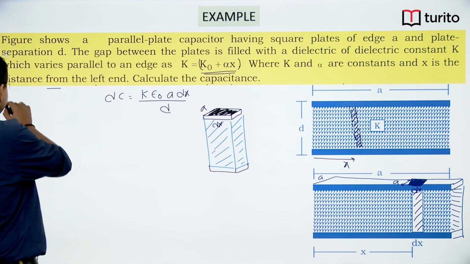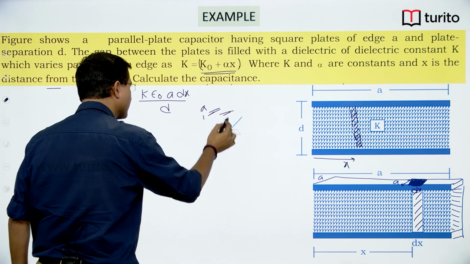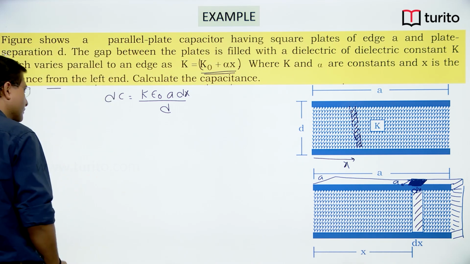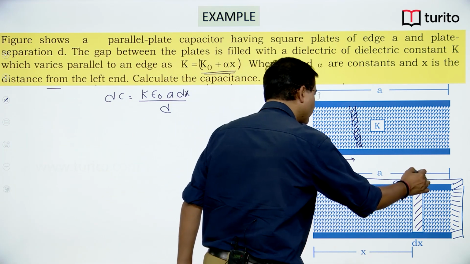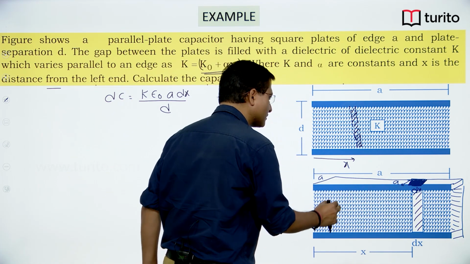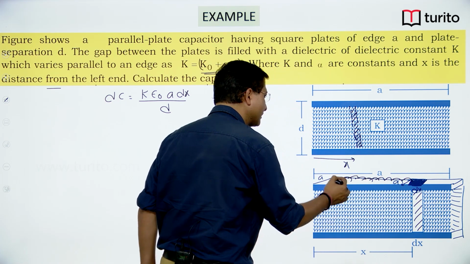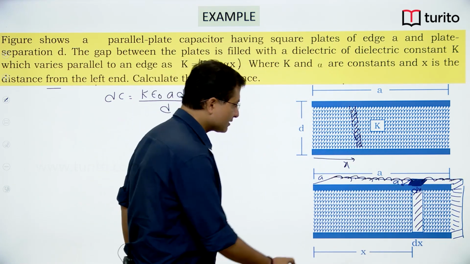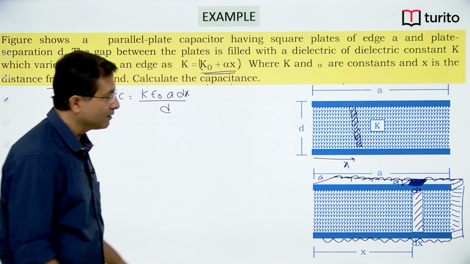I will erase the diagram. As you can see, the upper plates of all such capacitors are at the same potential, since they are all connected. Similarly, all lower plates are at the same potential because they are connected by the same plate.